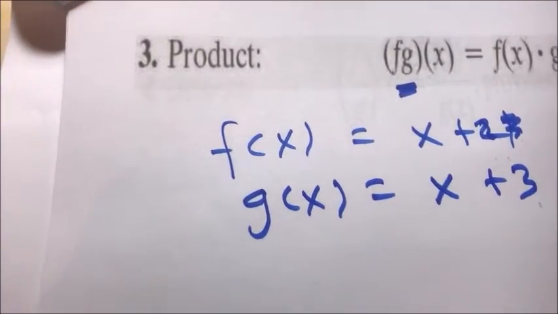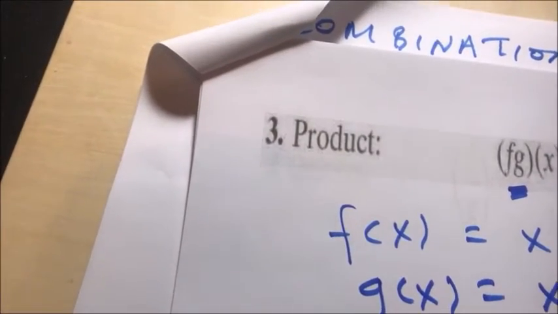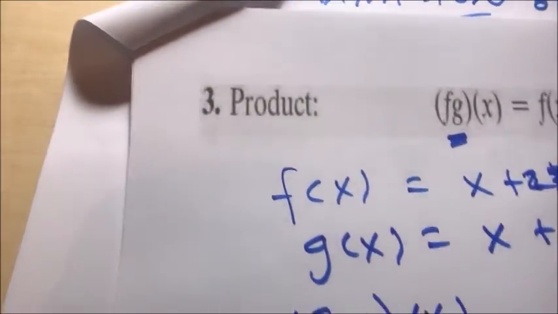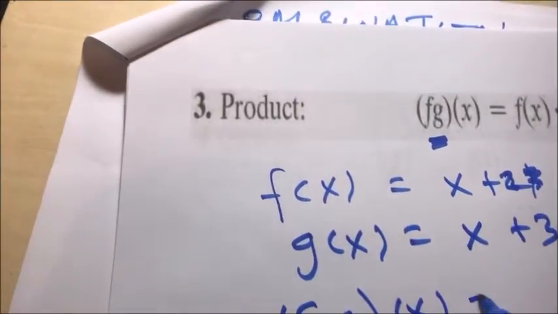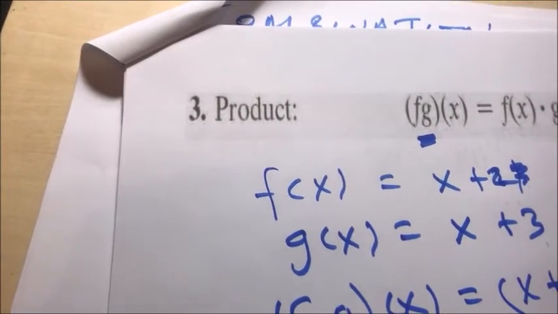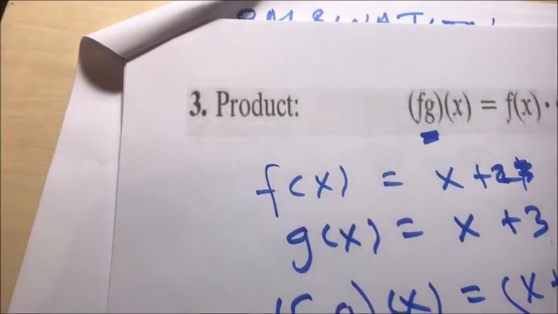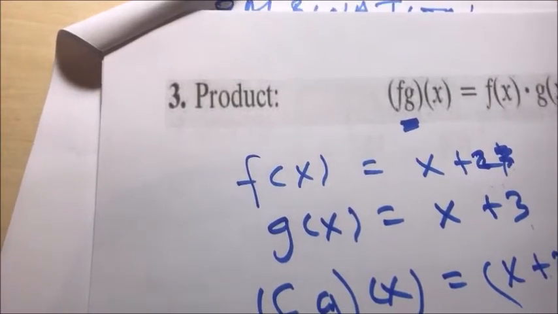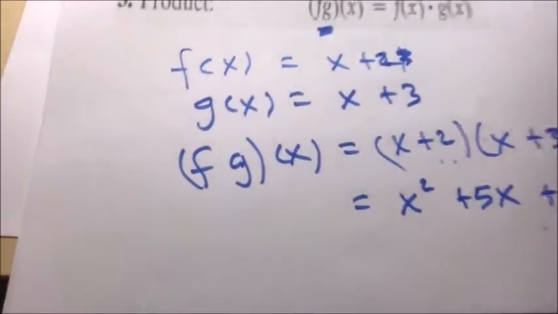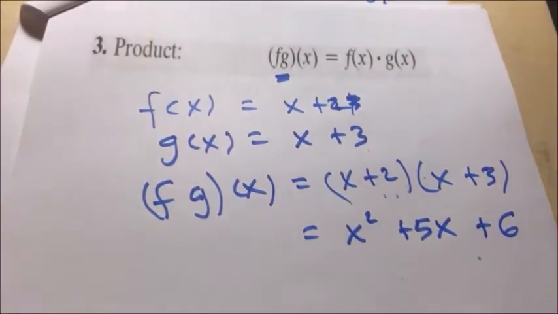So we have those two binomials. Then fg of x, the product function here, is just going to be x plus 2 times x plus 3, which we also know as x squared plus 5x plus 6, okay? That's how it works with multiplication.